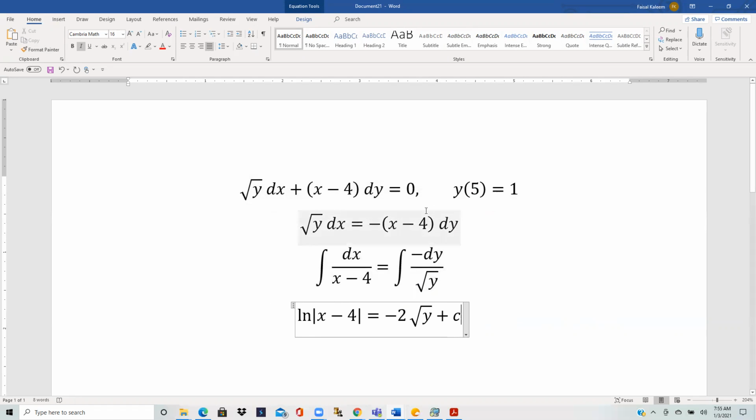And the constant will be found by substituting 5 for the x and 1 for the y. So 5 goes in for the x and 1 goes in for the y.